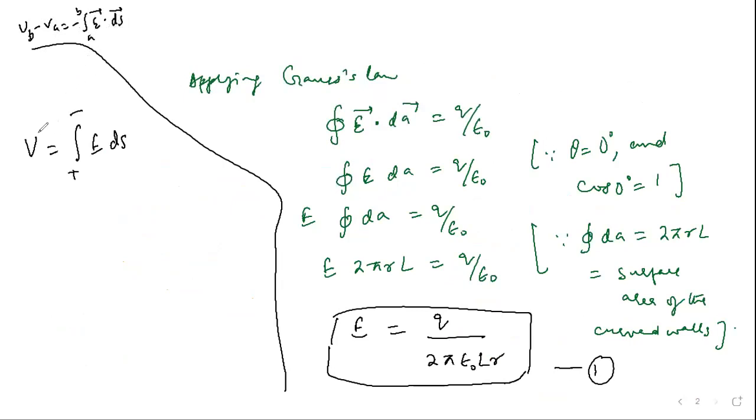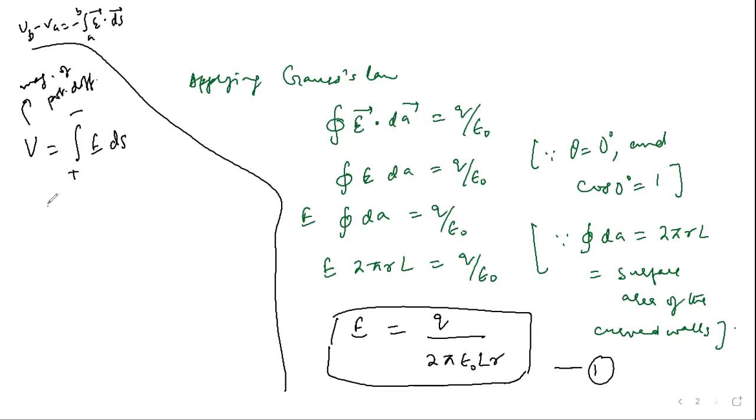And we said we take only the magnitude of the potential difference, so the negative will be absorbed in that. So just integral from plus to minus of E ds.